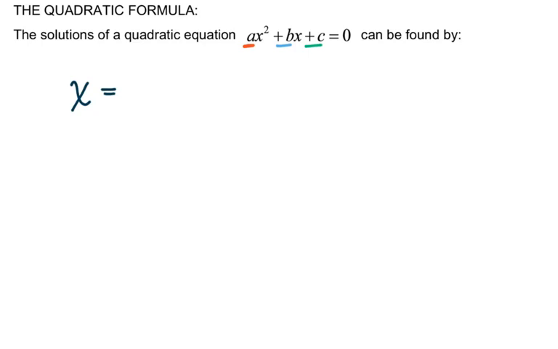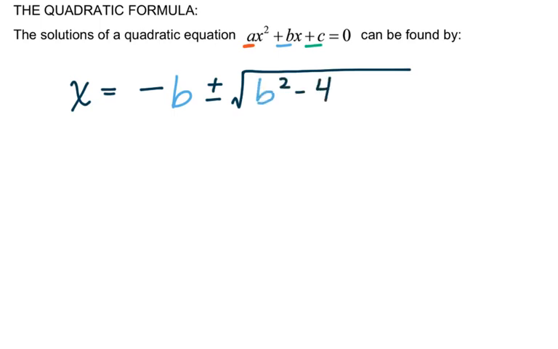And that's going to be x equals negative b, so negate the b, plus or minus the square root of this quantity, which is b squared minus 4 times a times c, all of which is divided by 2a.